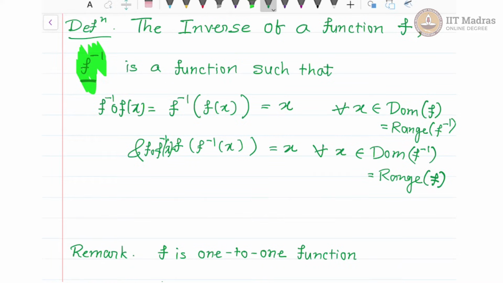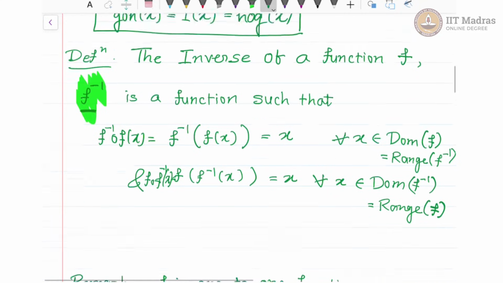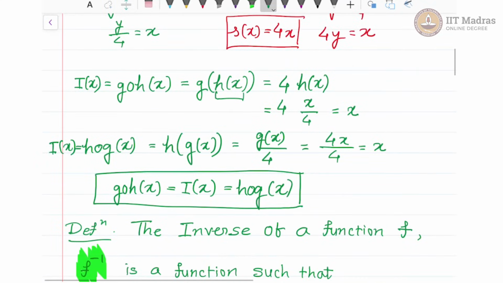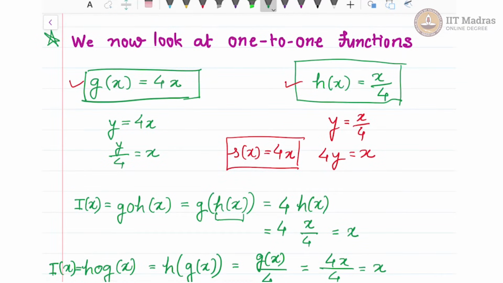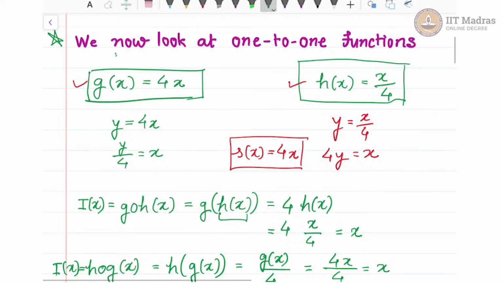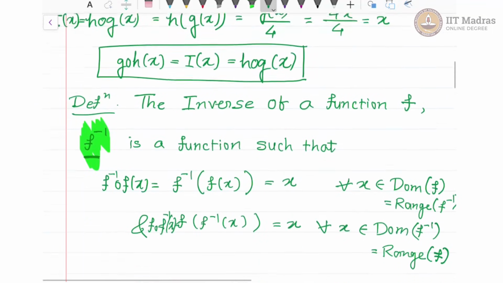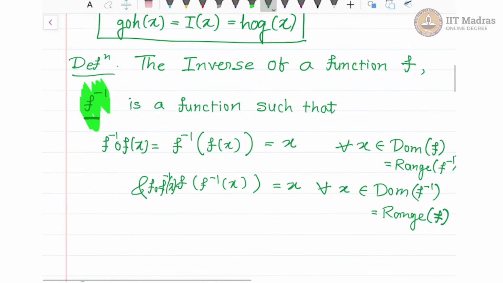Right now, when I did this particular calculation, I assumed that everything goes from real line to real line. This function is defined from real line to real line, and this function is also defined from real line to real line, so there was no consideration for domain and ranges. But sometimes it may happen that your original function f is defined from R to 0 infinity.